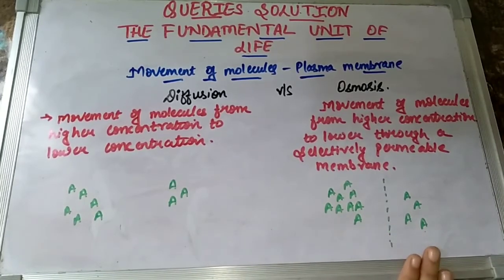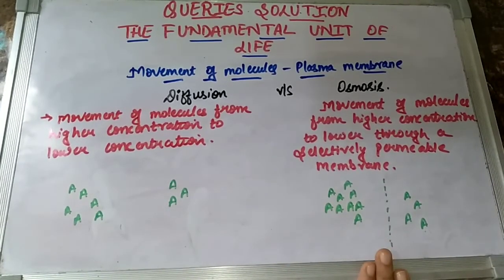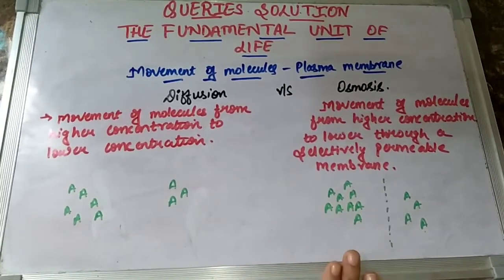I think everybody might have heard of these two terms previously. You may have questions on how these two processes are similar or how they are different. In both ways the questions may be asked, so do not get confused. There is a similarity between both processes as well as a difference. So let us first understand what these processes are about.